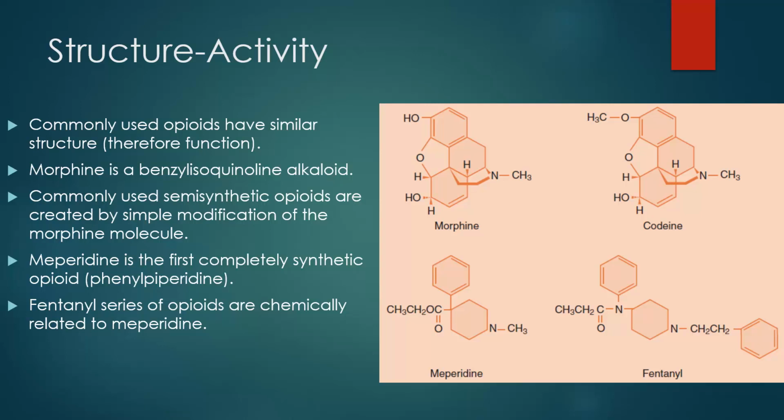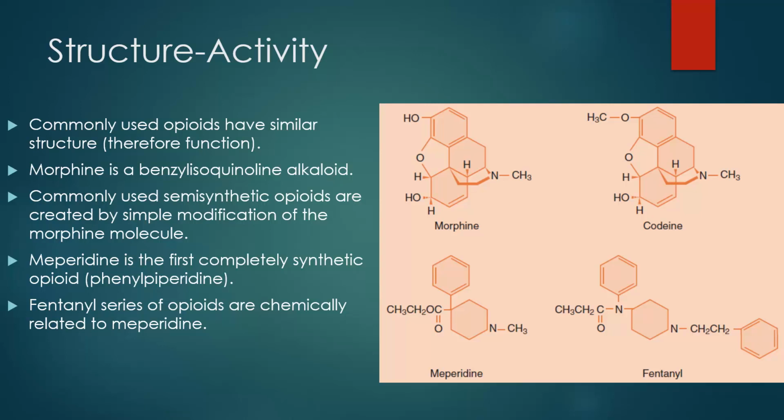When you do more complex alteration of the structure, you get a mixed agonist-antagonist like nalbuphine or a complete antagonist like naloxone. Now, the fentanyl series of opioids are chemically related to meperidine, not morphine.